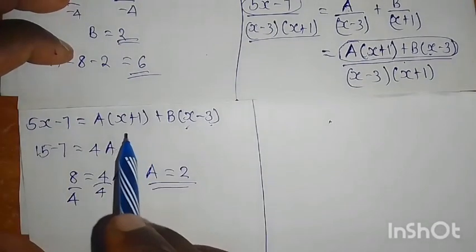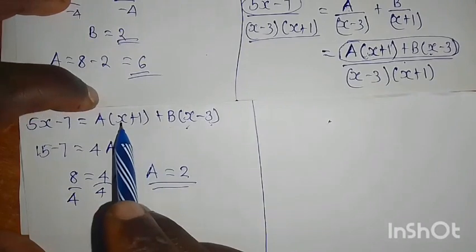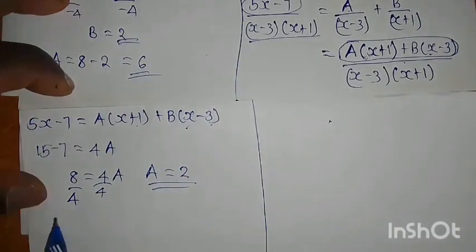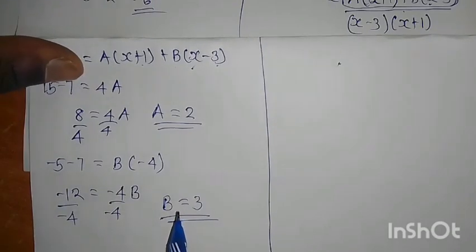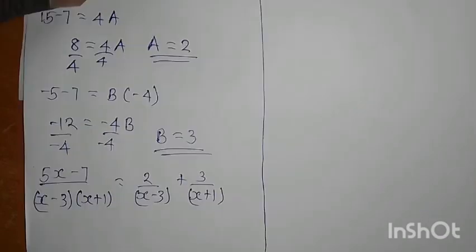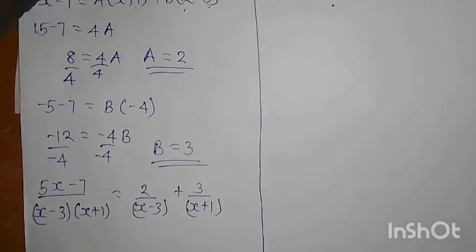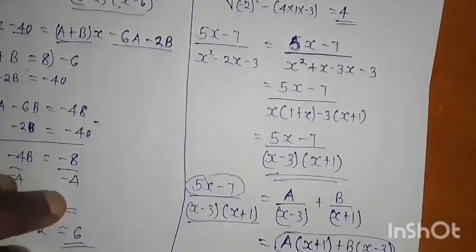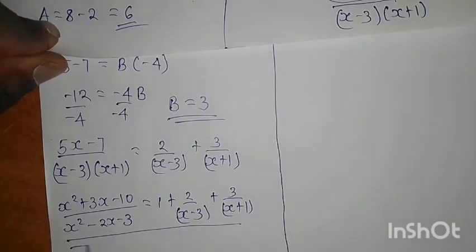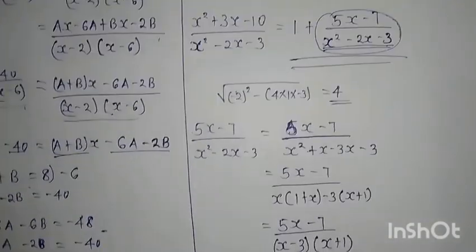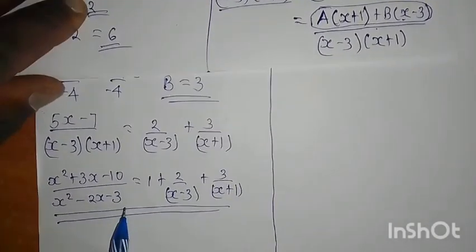And if we take our x to be negative 1, a will be 0, and our b will be 3. So we can now express this equation as. So now, coming back to our original equation, this was our equation, so it becomes this one.